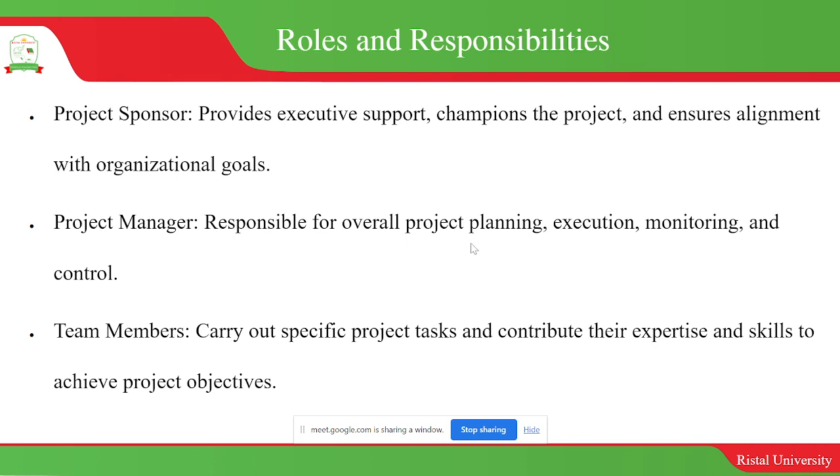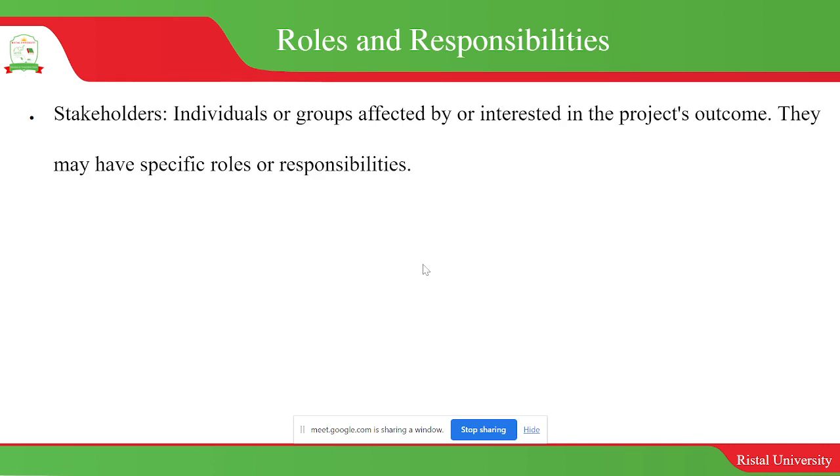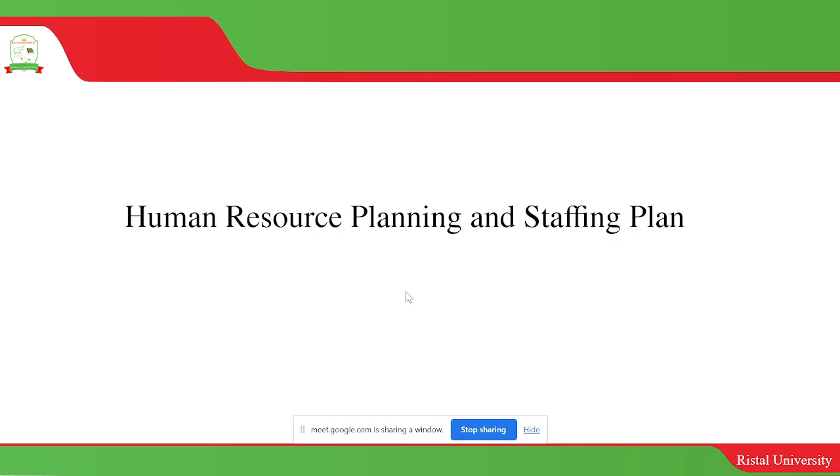And then the team members are the ones involved in carrying out these tasks. And then the stakeholders are any individuals who have interest in the project. They can be government officials, beneficiaries, the staff, and other NGOs within the same field. They can be having interest.